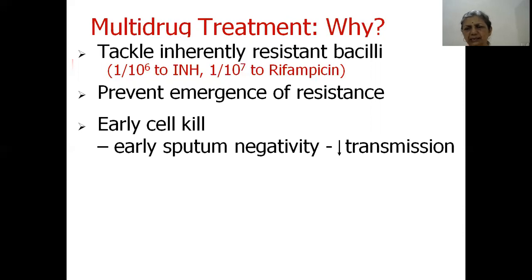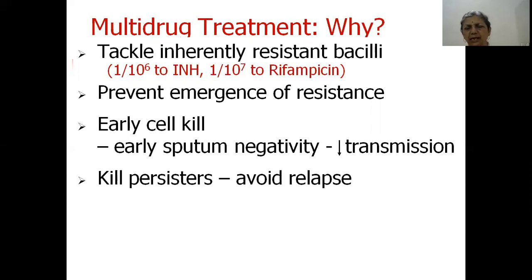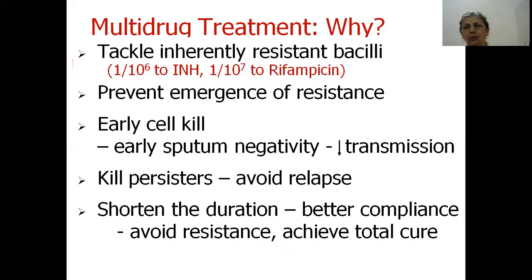Using these multiple drugs helps us to achieve early maximal possible cell kill, which gives us early sputum negativity and early control of transmission, and of course, early symptomatic treatment. Killing of persisters would avoid relapse, and overall shorter duration of treatment would result in better patient compliance. And if the entire regimen is taken religiously by the patients, it will avoid emergence of resistance and achieve total cure.